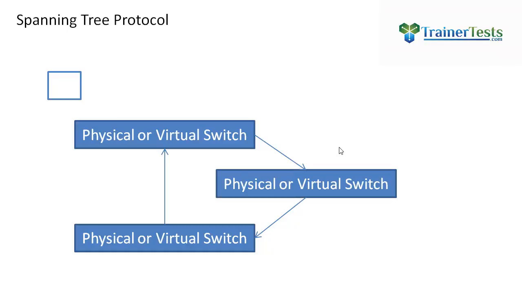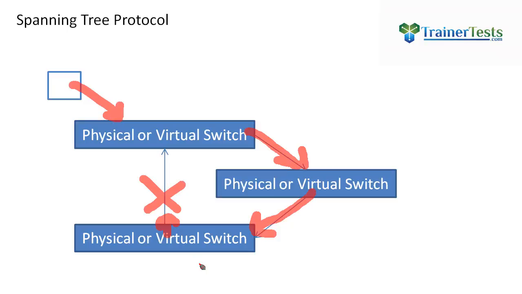Well, what it basically does is it'll detect these loops in the physical network, and it will pick certain connections to block. It'll put certain ports in the blocking state, breaking up those loops. So now when my broadcast comes from this machine, it flows out, it hits this physical switch, it hits this switch, and that's where it stops. This port is blocked. And so therefore, the broadcast stops there and the loop is broken.